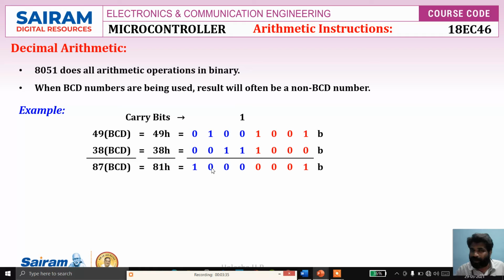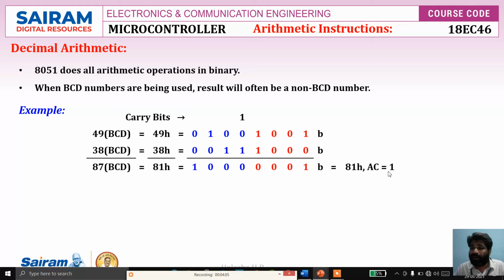In hexadecimal it is 81, but we expect the result 87. Even though 81 is a BCD, it has only 0 to 9 digits, the result is not correct. The microcontroller gives the result 81 along with the carry flag set to 1. This 81 will be stored in the A register.